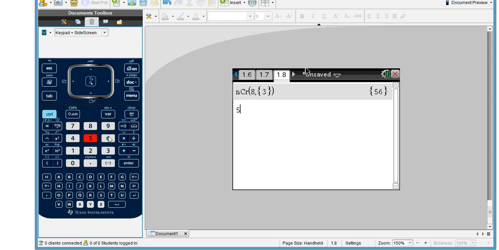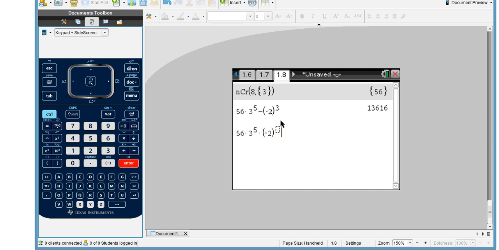So 56 times 3 to the 5th times negative 2 cubed. Oops, I put minus here. That's not right. 56 times 3 to the 5th times, okay, now negative 2 cubed.